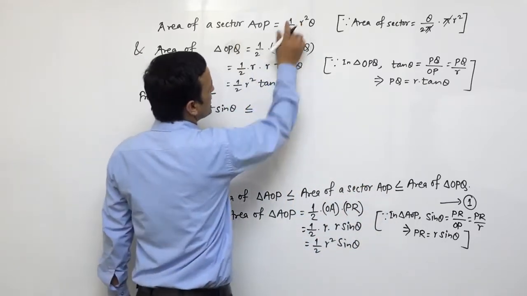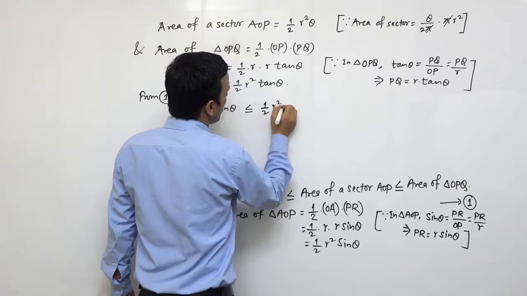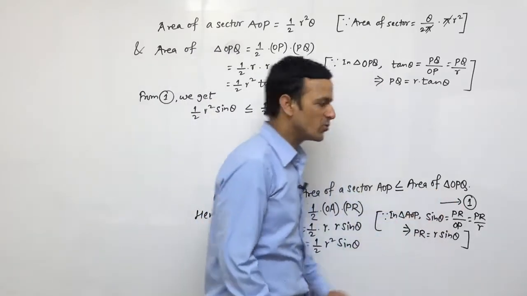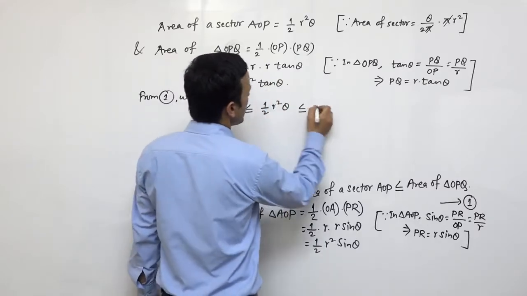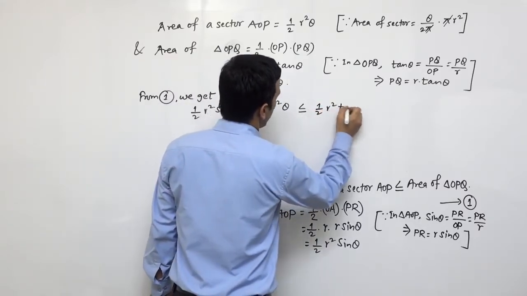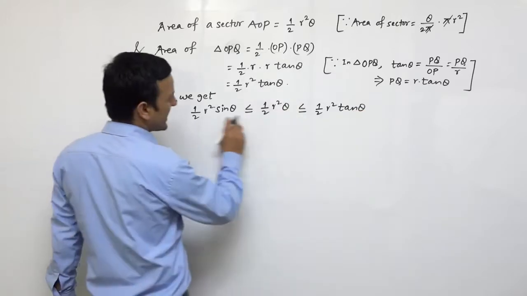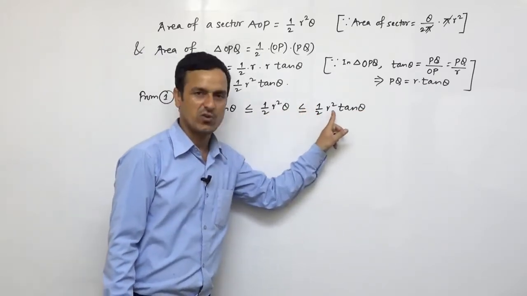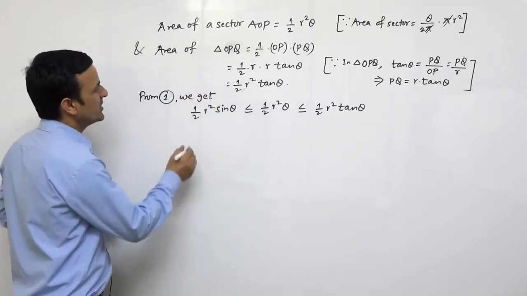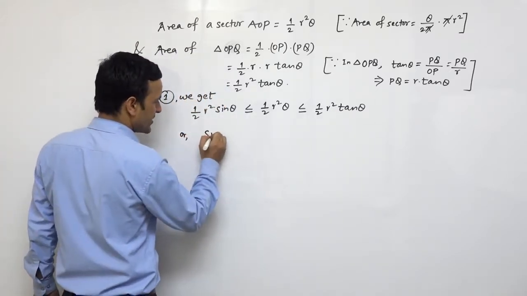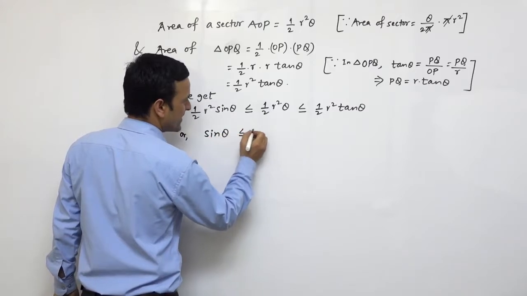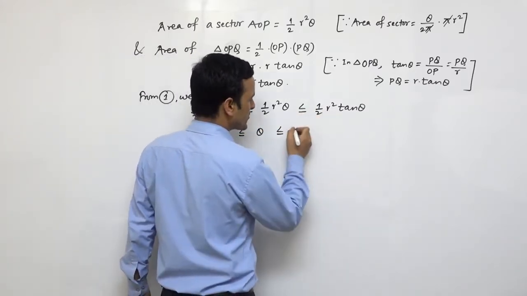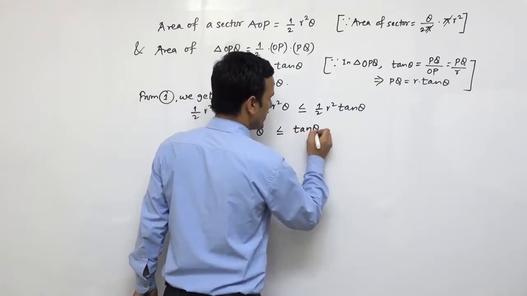Its value is half r square theta, and the area of triangle OPQ is half r square tan theta. Now we can cancel half r square from every term. So here is only sin theta, here is only theta, and when 1 by 2 r square cancels, here is tan theta.